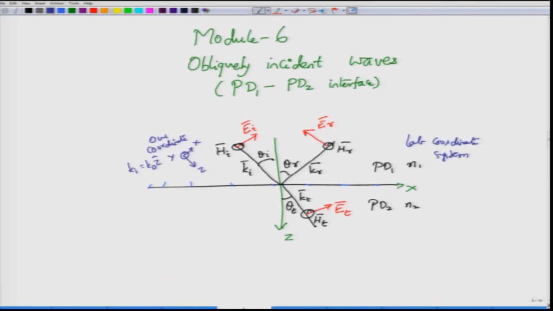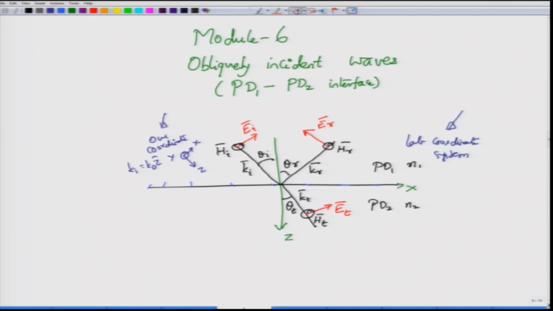So, we are transferring the problem of obliqueness from the coordinates in which the electric field, magnetic field and direction of propagation coincide with the x, y, z axes, to the lab coordinate system. It is a matter of perspective whether we choose the lab coordinate system and let the wave be oblique, or choose our coordinate system in which the wave is properly oriented, whereas the obliqueness is now on the interface.